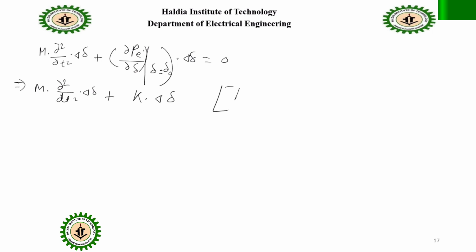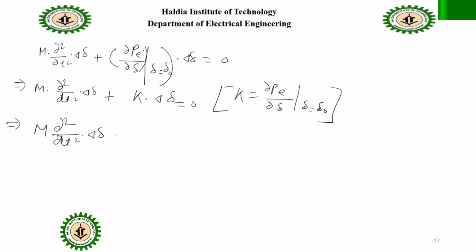K is one constant, K is equal to this value, ∂Pe/∂δ at δ equal to δ0.